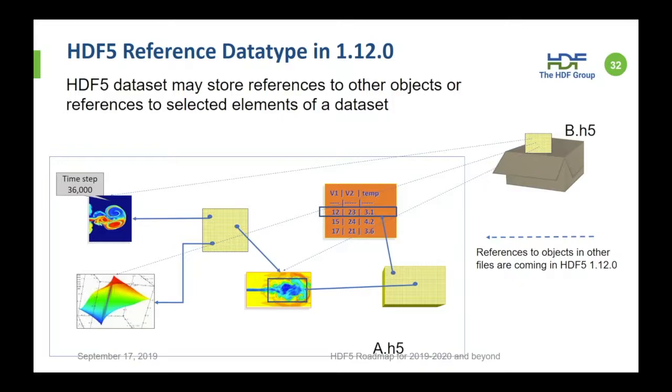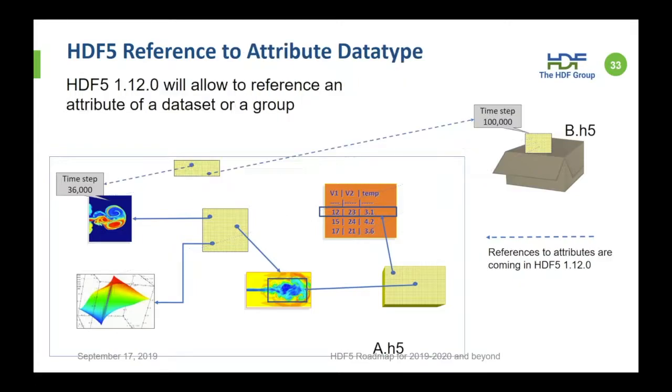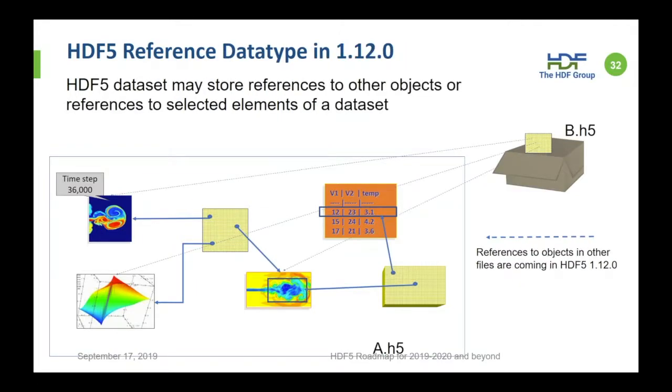My data set in the lower corner stores one element that points to a row of the compound data set. We extended this notion now so that references can be stored in objects and point to objects that are in another HDF5 file. This way, you really can connect different HDF5 files, pointing from one file to another file.